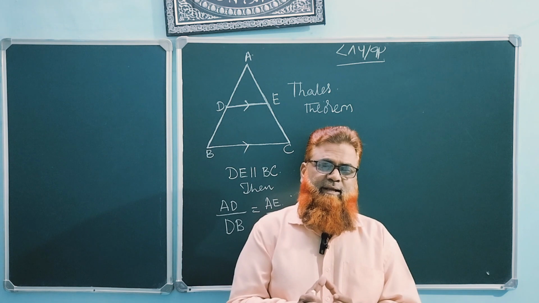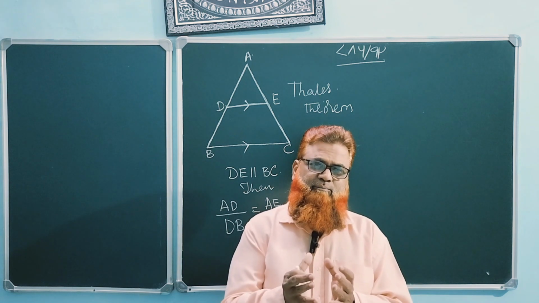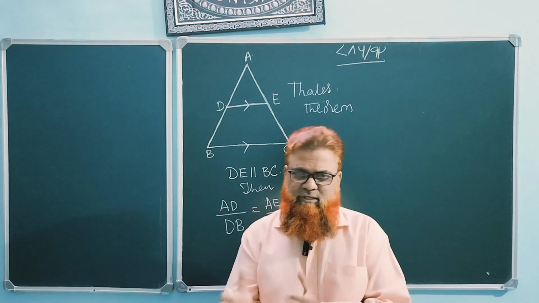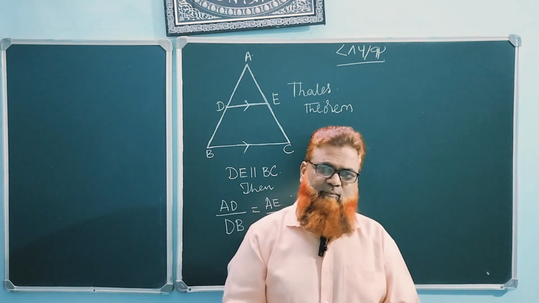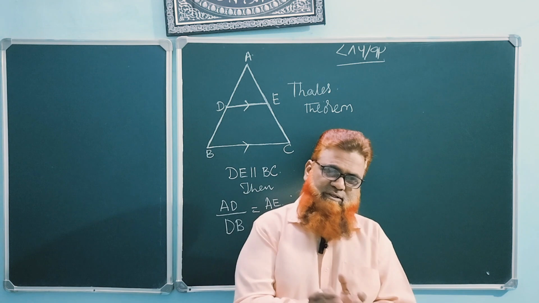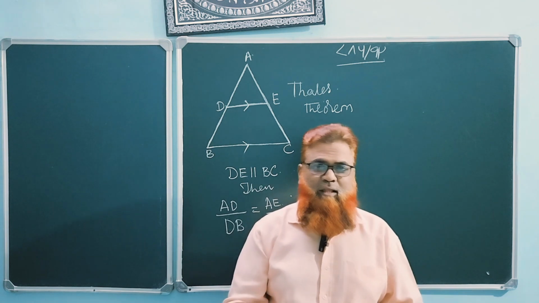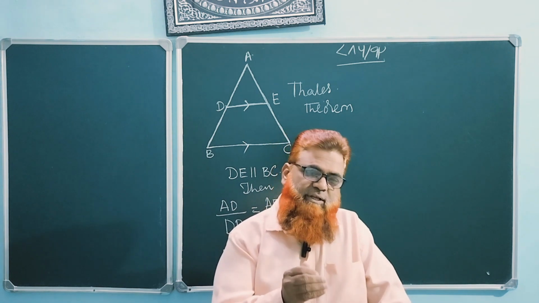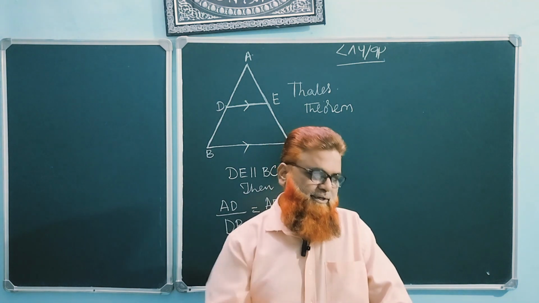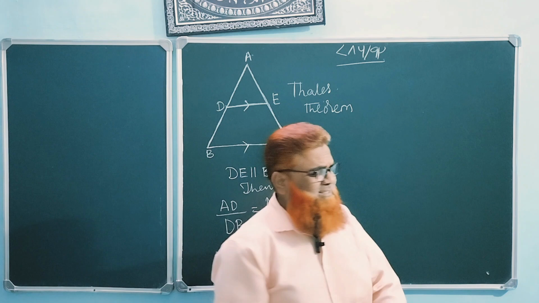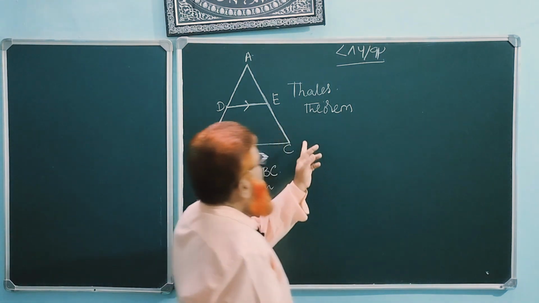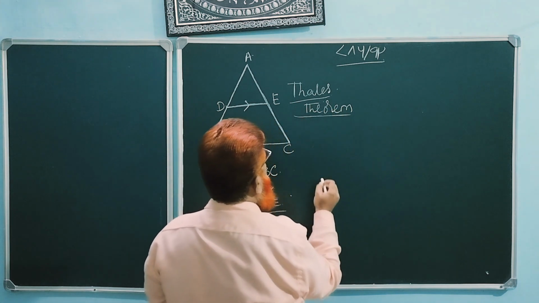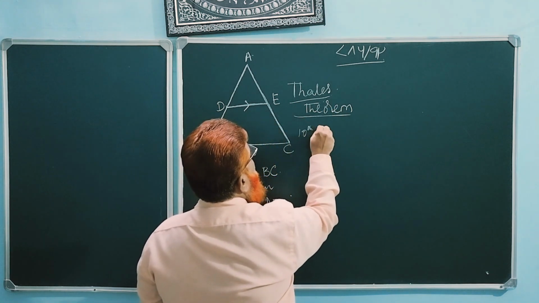But in proving these geometrical theorems, we first use logical deduction and logical reasoning, and on the basis of that we prove it. This is a theorem which is very popularly known as Thales theorem from 10th standard.